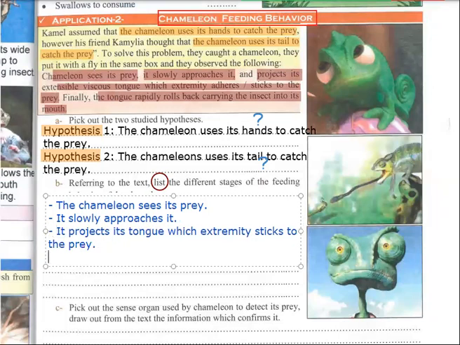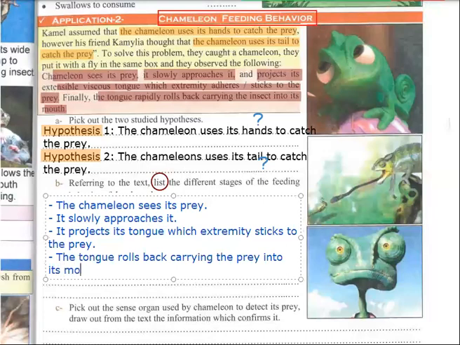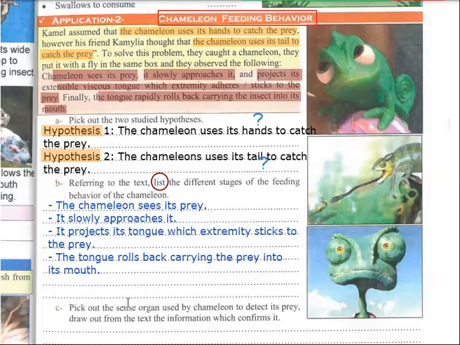Then finally, the tongue rolls back, carrying the insect or the prey into the chameleon's mouth. We call these the steps or the feeding behavior of the chameleon, which are the actions taken by the chameleon in order to obtain its food.